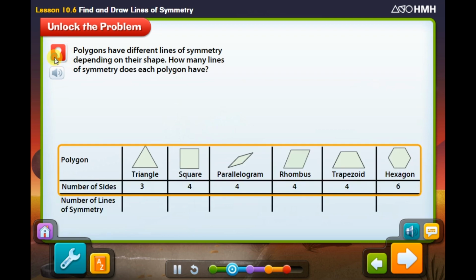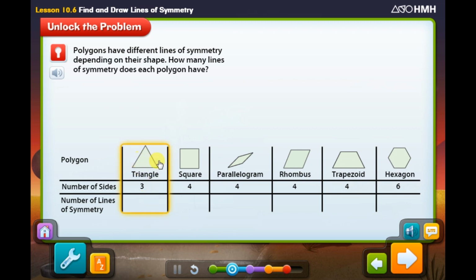Let's figure out. The chart shows some shapes and the number of sides they have. If the shape can be folded so the two parts match exactly, there is a line of symmetry. First, let's look at the triangle. Of course, not all triangles are like this, but this type of triangle is called a regular triangle. Why?